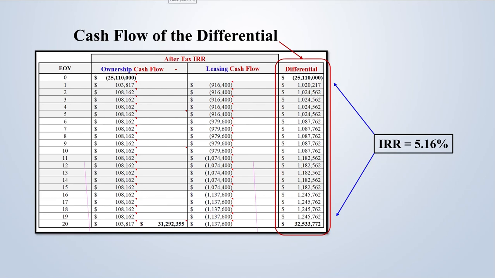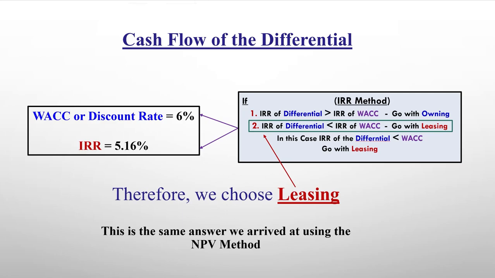Now, what do we do with this number? Or what does this number tell us? Remember that we said this number must be compared to either the discount rate that the bank is providing us or our weighted average cost of capital. In this case, our weighted average cost of capital or discount rate was 6%.